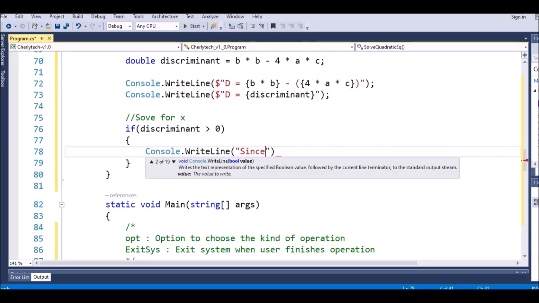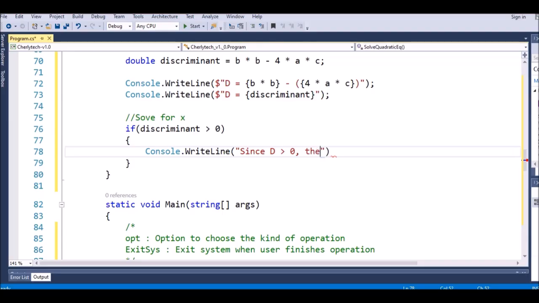Since discriminant is greater than 0. There are two real roots. There are two real roots like this.